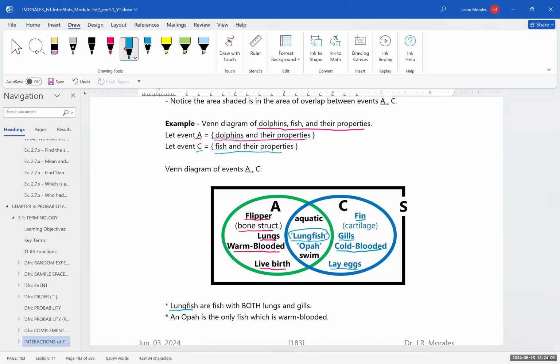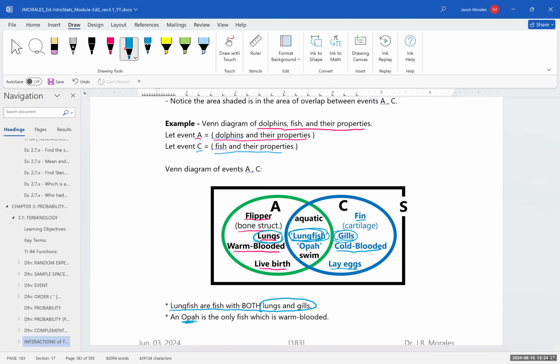That's because lungfish are fish with both lungs and gills. So they have this property of dolphins, they have lungs, and this property of fish, they have gills.